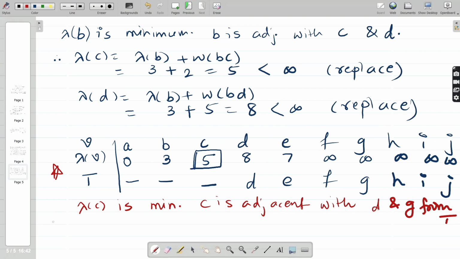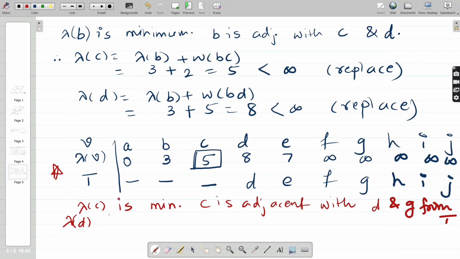So we can calculate lambda D and lambda G. Now lambda D is already calculated, but that was using lambda B. So we want to check whether we can travel from A to D via C instead of some other vertex. So lambda C is minimum.